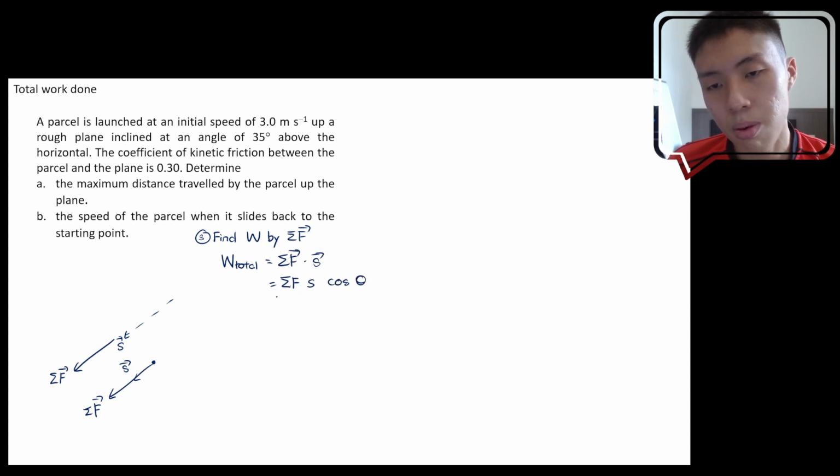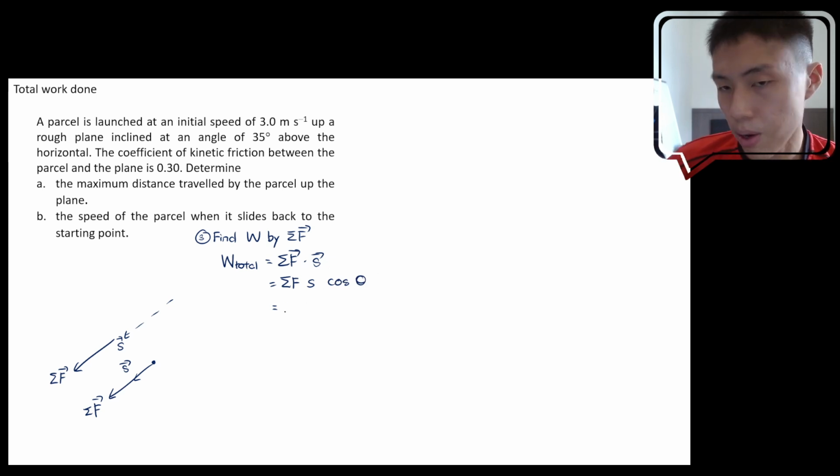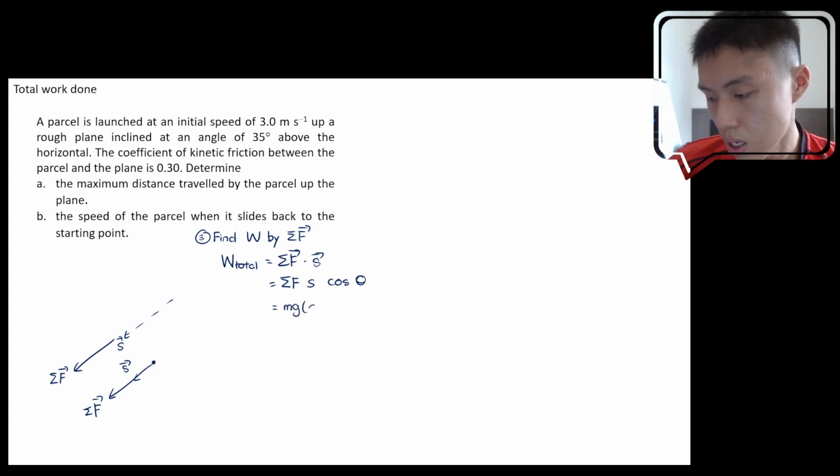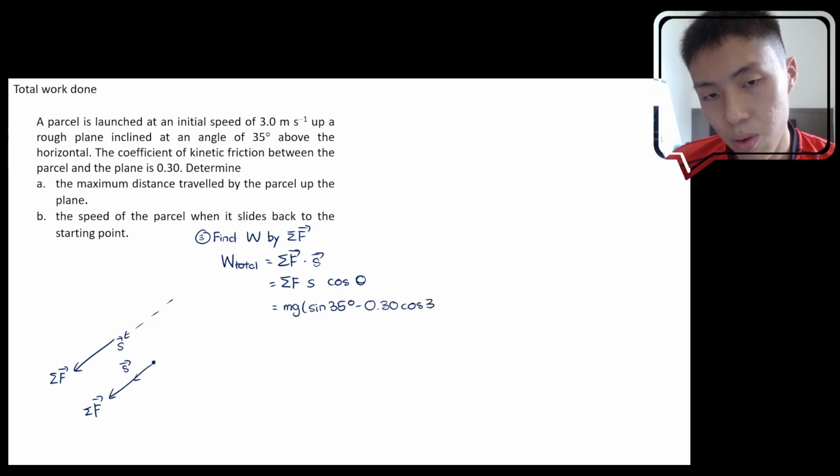Now sum of F and S are both in the same direction, so theta is 0 degree. Let's sub in the magnitude of sum of F, which is mg sine 35 minus 0.30 cos 35. That's what we did in step 2 just now.